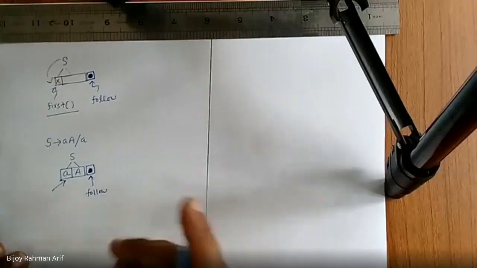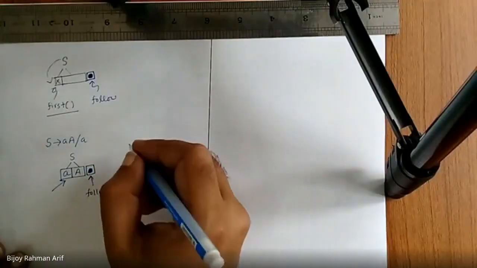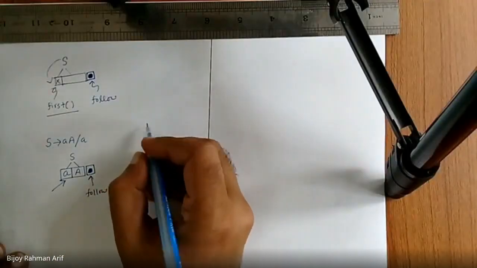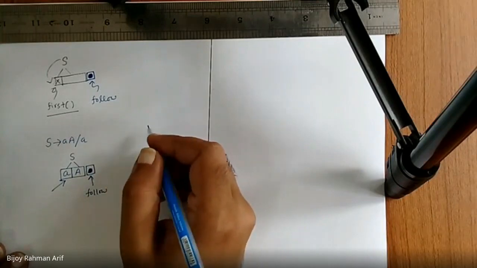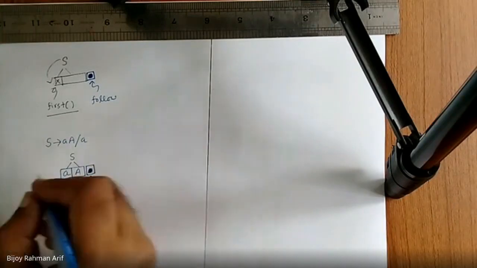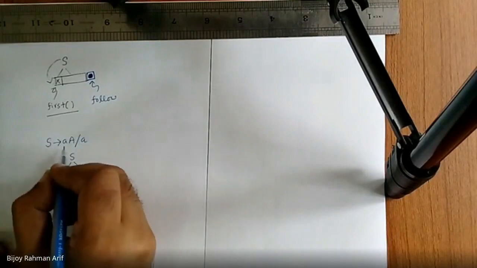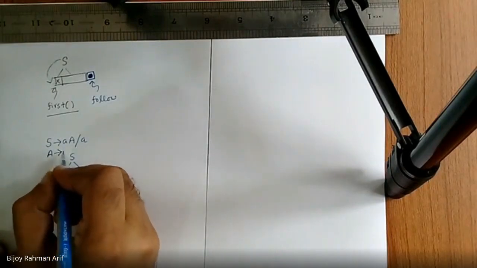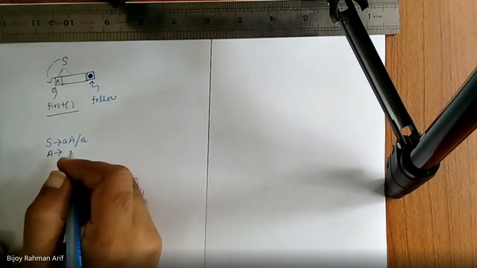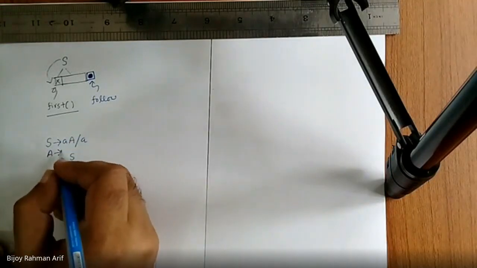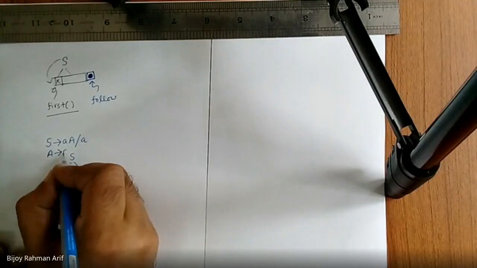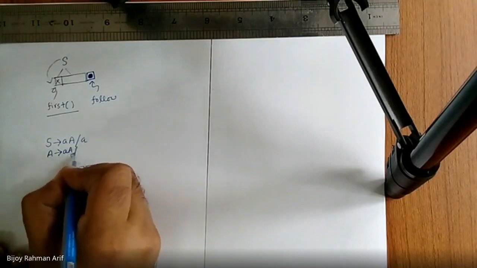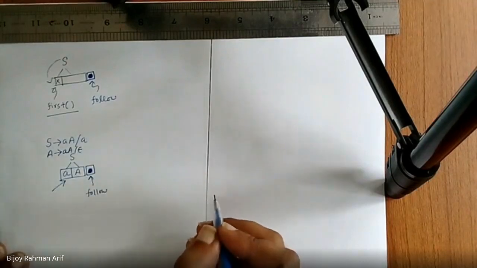Let's take this grammar: S derives AA, and A derives A or epsilon.